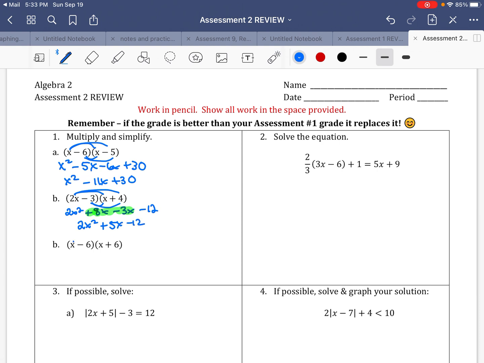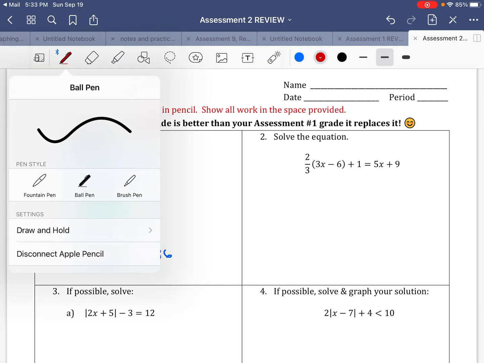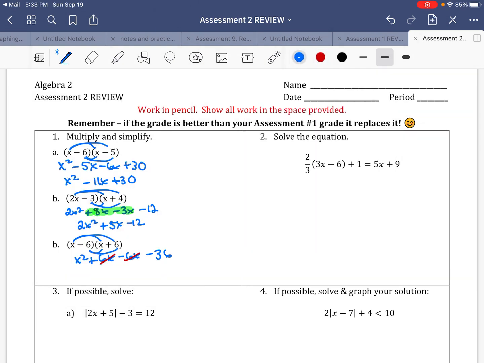All right, and here, x times x squared, x times 6 plus 6x. Inside is minus 6x, and last two are negative 36. So here notice that the 6x and the negative 6x cancel out. You should notice this is because you had a plus and a minus, the same problem, but one's plus and one's minus. So this always happens.